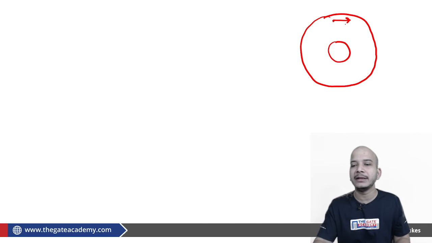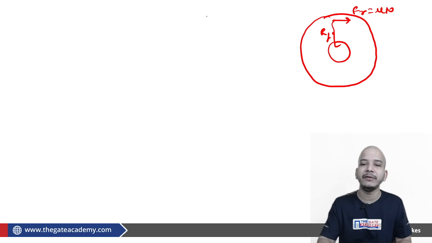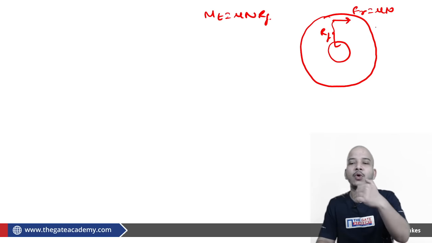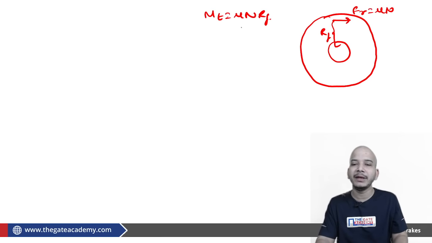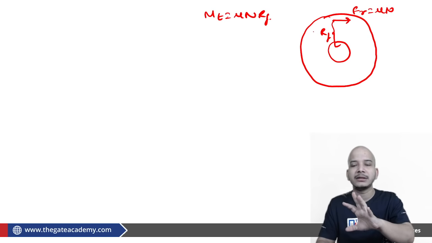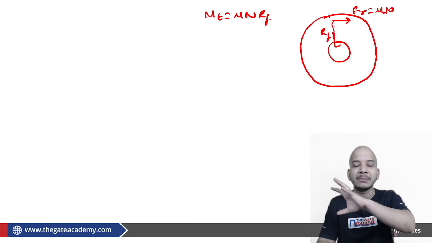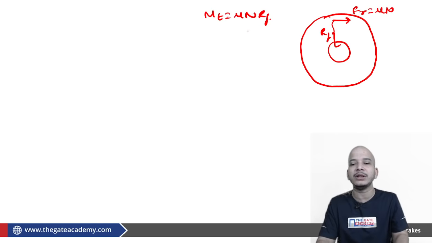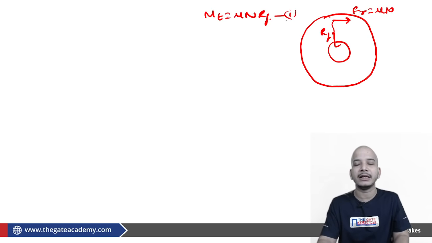The friction will also be acting at some point over here, and this friction will be equal to mu into N. And the torque because of this friction will be equal to mu into N into Rf. Rf is the position where you can consider your whole friction to be acting, and from there you can say that this MT will be equal to mu into N into Rf. This is just an analogy. If something like that happens, then corresponding to that this must be our MT. This is not in real.